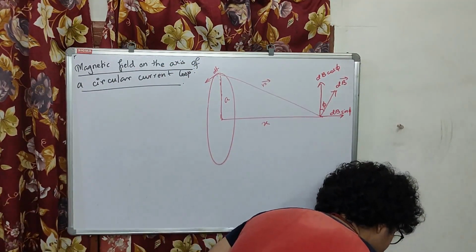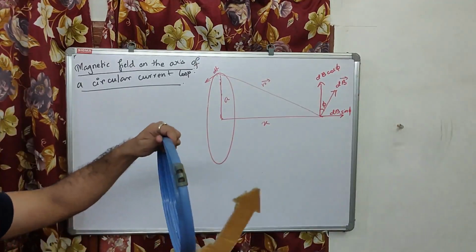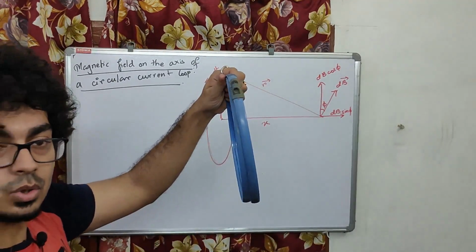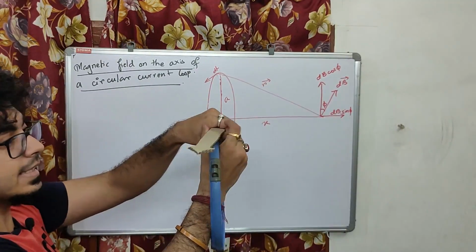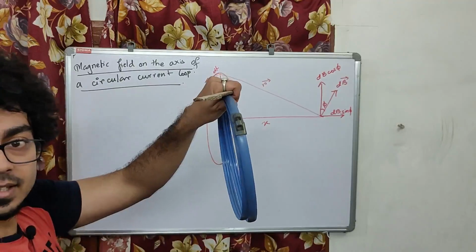Now to understand this, see this diagram and understand it in this 3D figure. You have taken the current element.